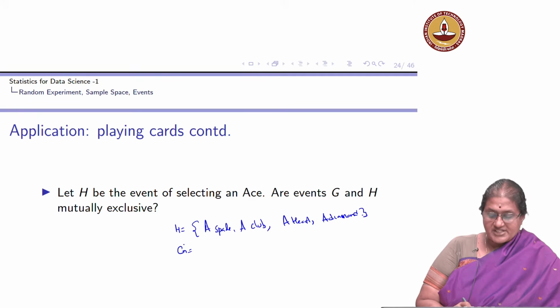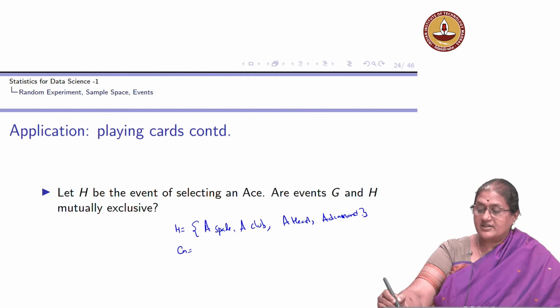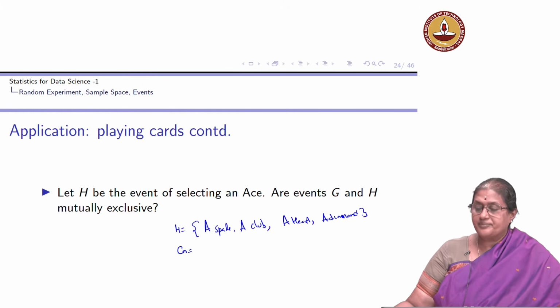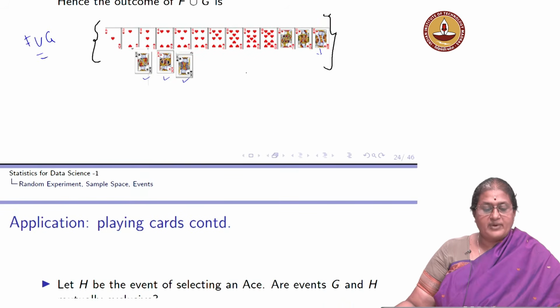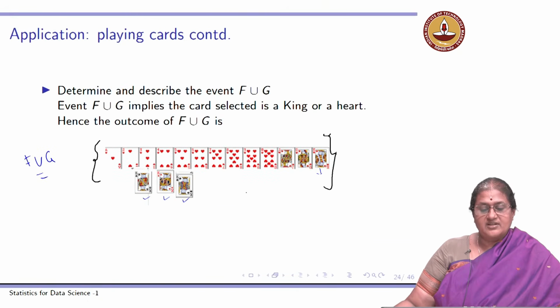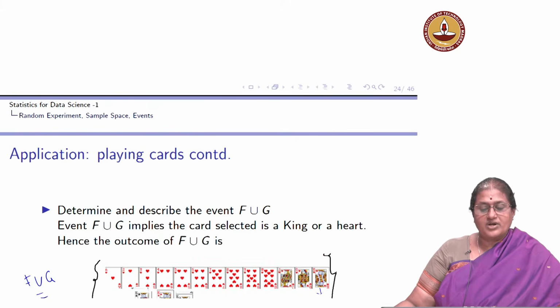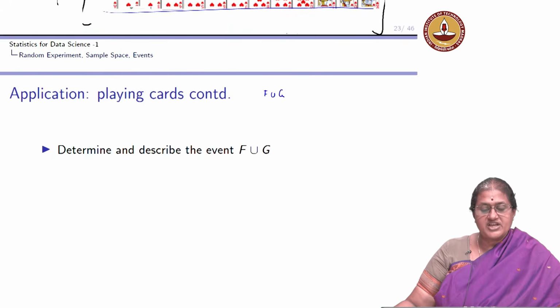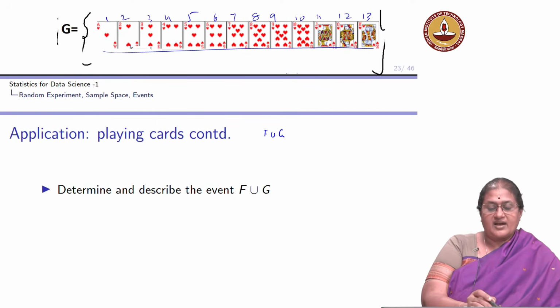Recall what is G? G is the event of having a heart. That is how we defined the event G. This is our event G. These are the outcomes in my event G. We can see that the outcomes in my event G are A hearts, 2 hearts.